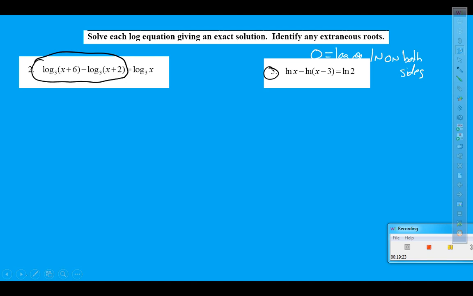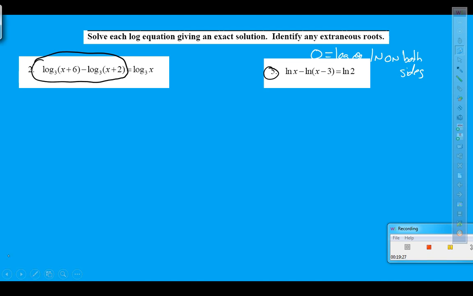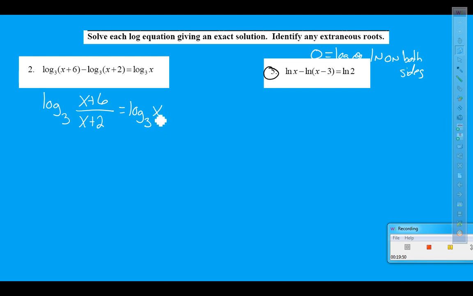I'm going to write that as a single logarithm. So it's going to look like this. I'm going to have log base 3 of (x plus 6) divided by (x plus 2). Remember last class, subtracting logs means division, so I'm going to divide, equal to log base 3 of x.